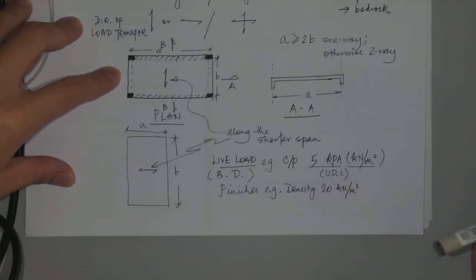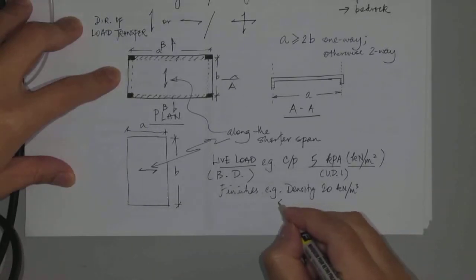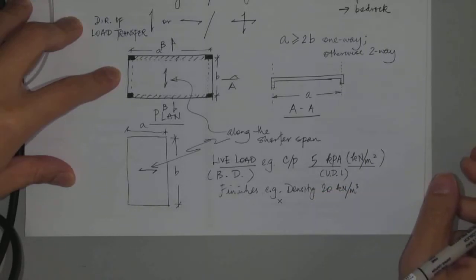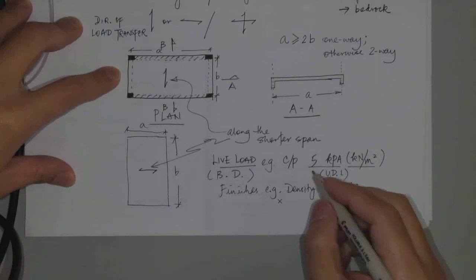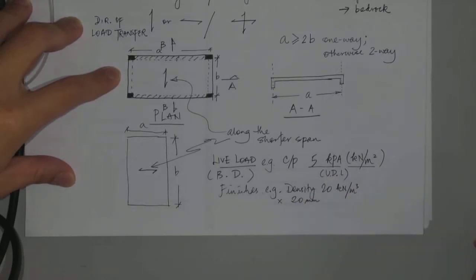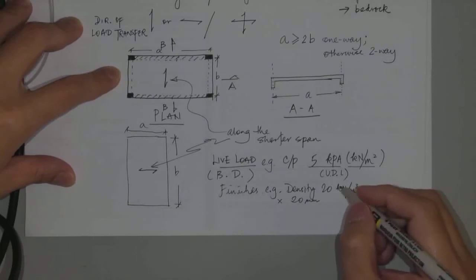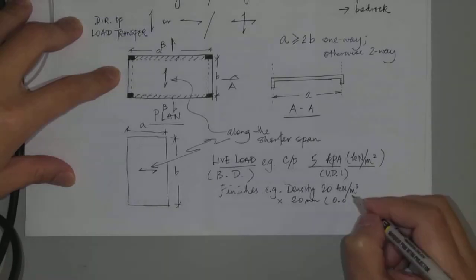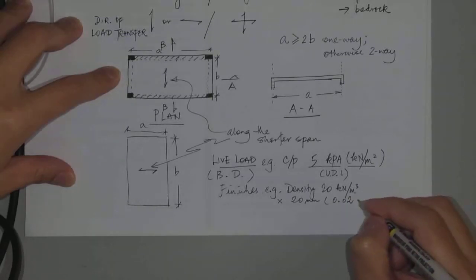How thick is your finishes on the slab? So let's say it's 0.02 meter.